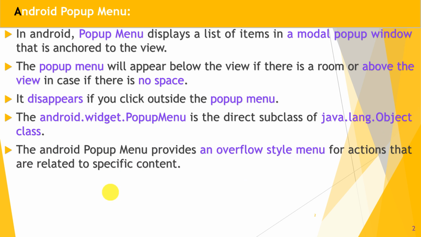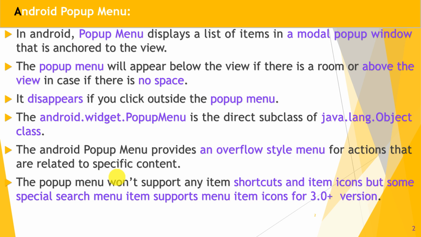Great. So the Android pop-up menu provides an overflow style menu for actions that are related to specific content. A pop-up menu won't support any item shortcuts and item icons, but some special search menu items support menu item icons. For 3.0 plus versions, there is support for the search menu. Some special types of menu items are available in the tools, and those support icons also.